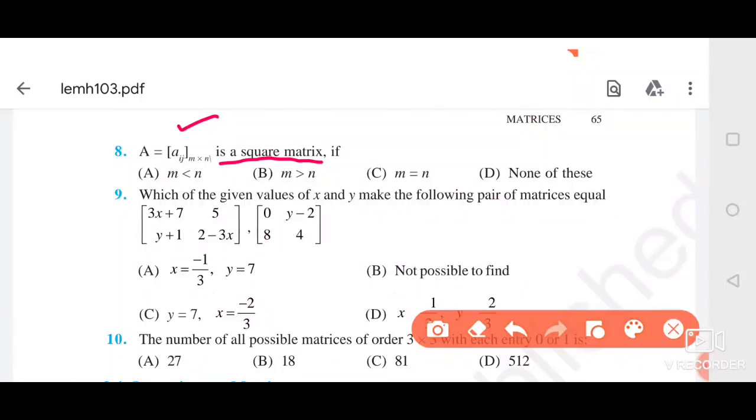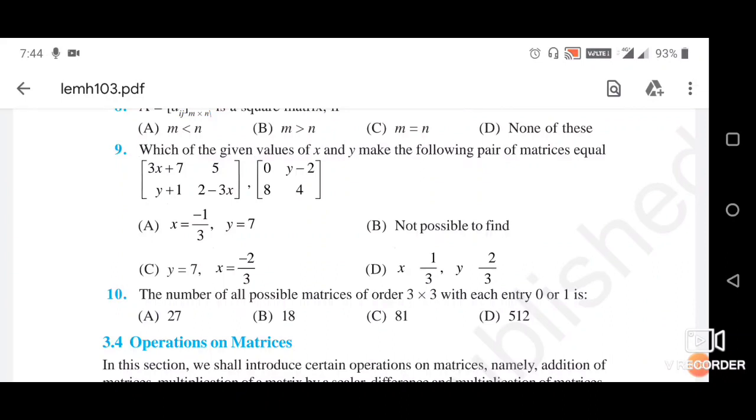The condition is the number of rows should be equal to number of columns. So the value of m should be equal to the value of n. So our answer will be m is equal to n. Whenever m is equal to n, then the matrix is a square matrix.